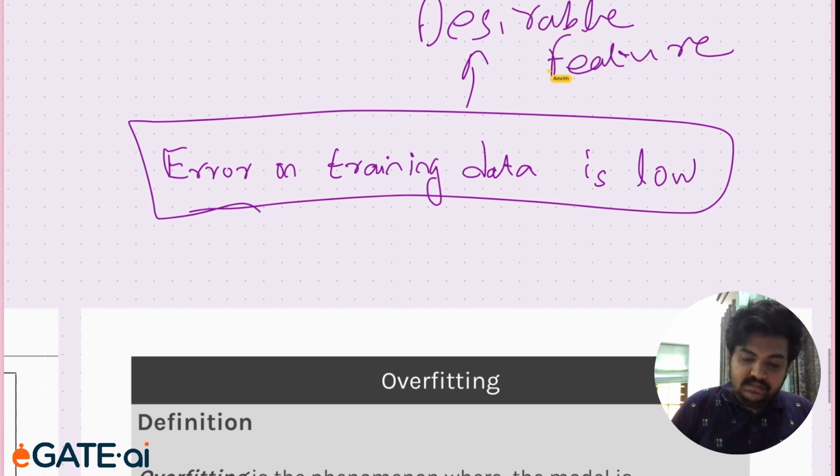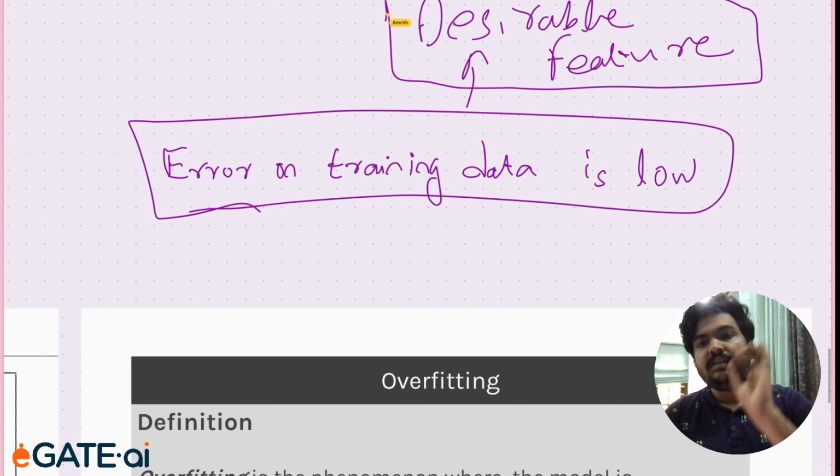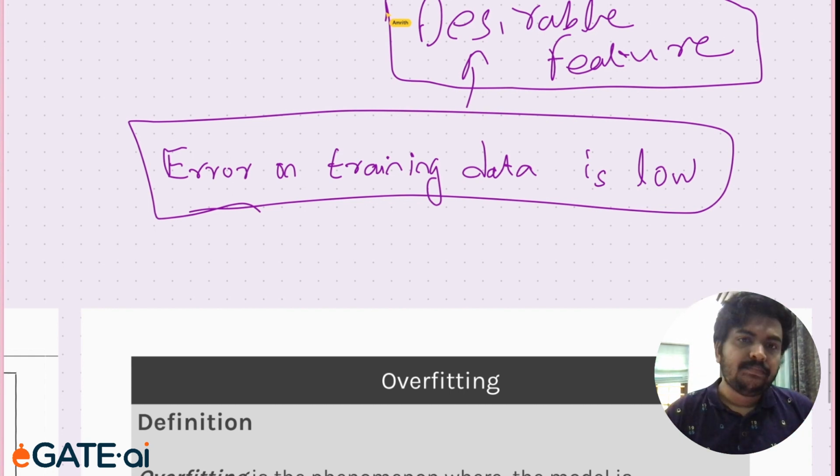The whole essence of training or learning a function using a supervised approach typically centers around the idea that the training data error has to be as low as possible. But it is done with the intention of generalizing it to unseen data points, or data points which it has not seen during training.